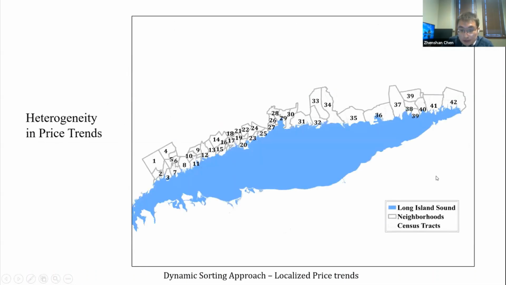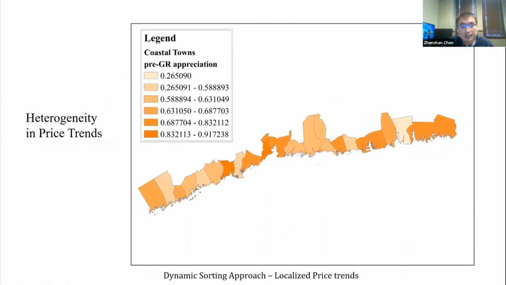We do not only need price trend, we also need different price trends. So here are the neighborhoods we have in this area. While we look at the pre-recession appreciation trend, we do find great heterogeneities. It ranged from 0.265 to 0.917.